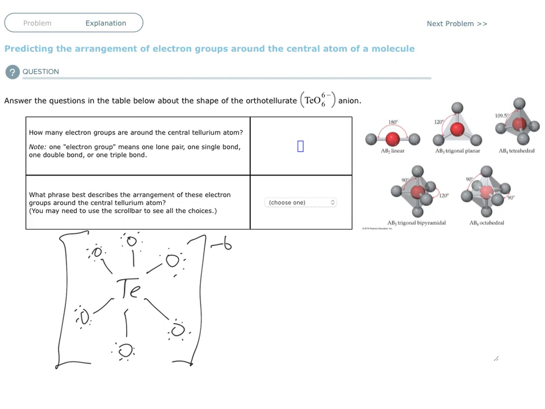So the theory here is that these electrons, since they want to get away from each other, will go as far away as they're allowed to go. So if you have 2 things, the farthest they can go from each other is 180 degrees, and that's called linear. It looks like a straight line. Okay, you've got 2 or 3 or 4 or whatever in a straight row.